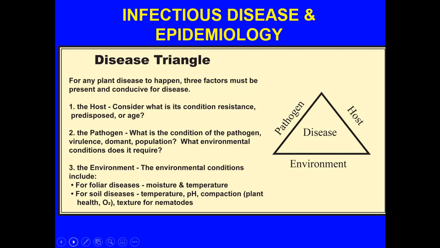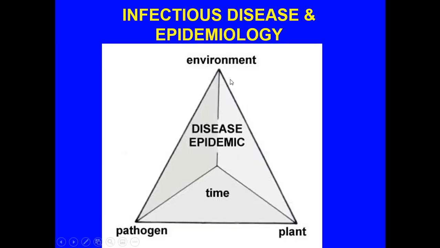Okay? Now, here is the disease pyramid. Environment, plant, pathogen, time. Keep in mind, time happens to play an important role. Well, how? Because sometimes, with some diseases, it's not that you're exposed and the next day you're sick. Smallpox, you could be exposed, and it may take on average up to about 14 days before you start showing the signs of the illness.